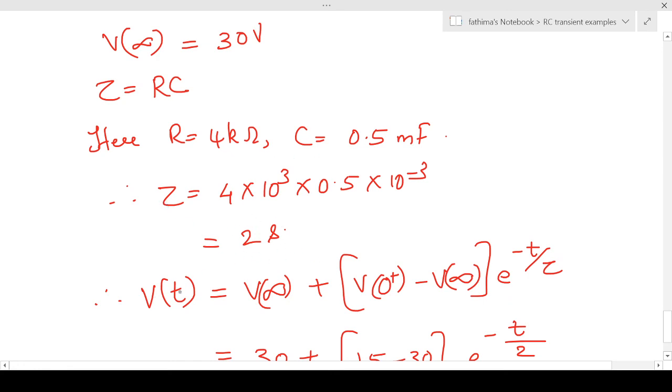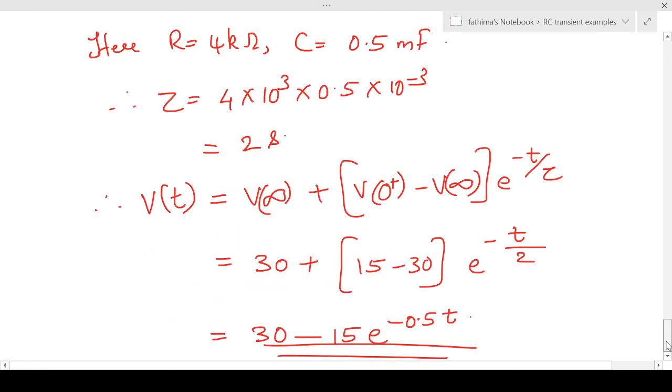Now we can apply this to the formula, that is v of t is equal to v of infinity, the final value, plus v of 0, the initial value, minus v of infinity, into e raised to minus t by 2. So we have found the final value of voltage as 30, and our initial value is 15.